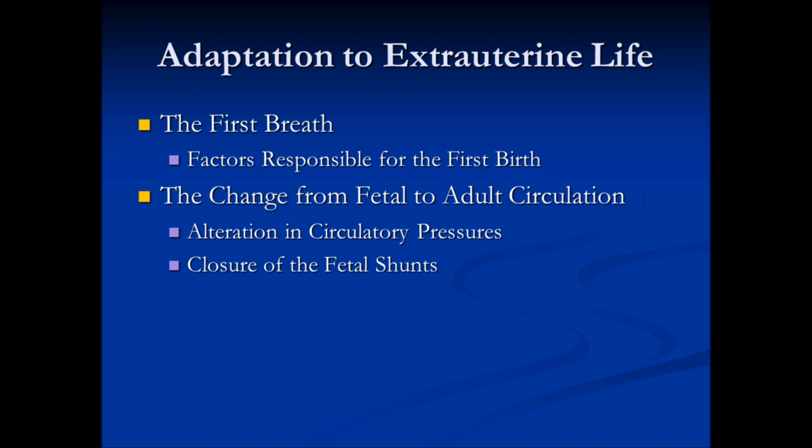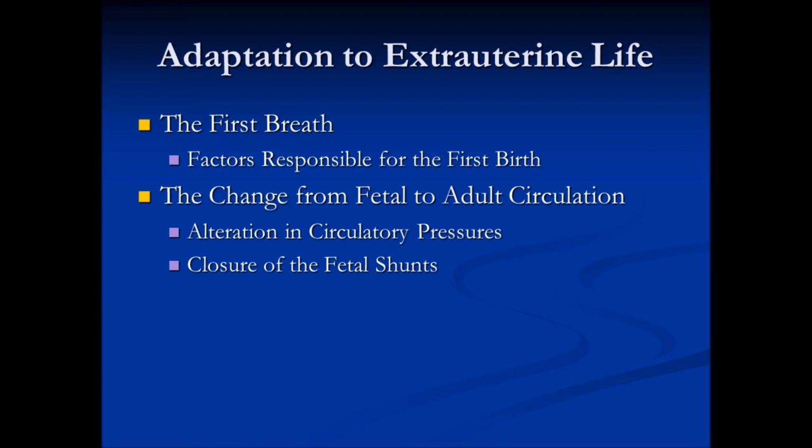Failure of the ductus arteriosus to close may lead to further problems such as right to left shunting, meaning that blood is going to flow from the right side of the heart and then shunt back to the left through the PDA.